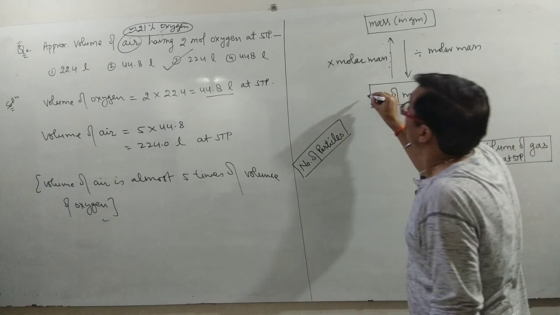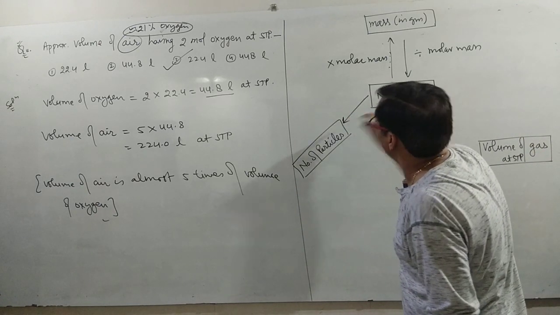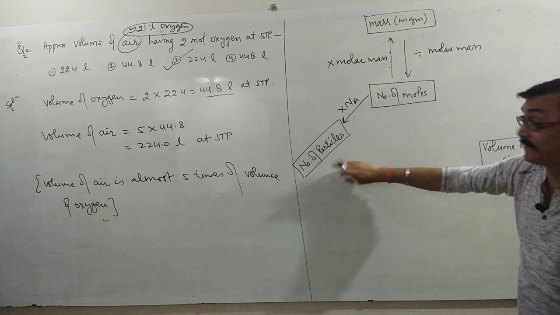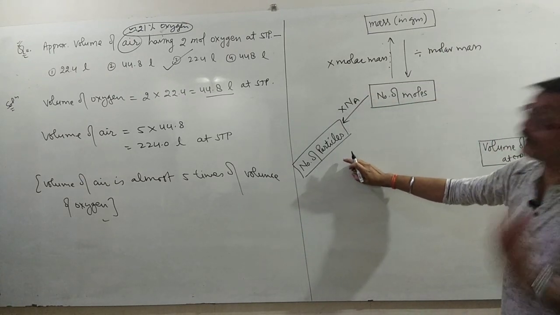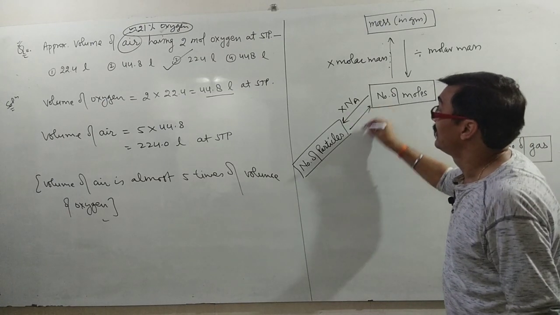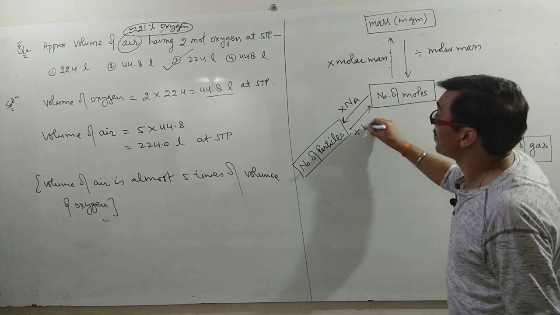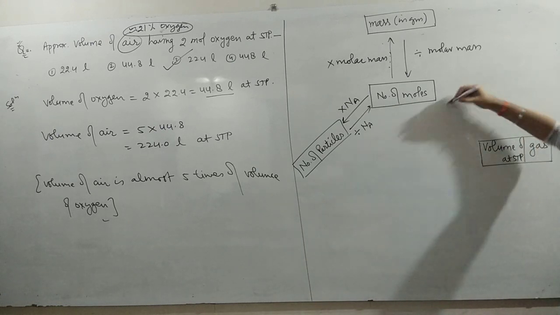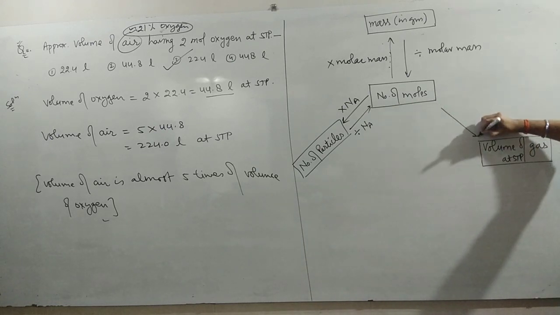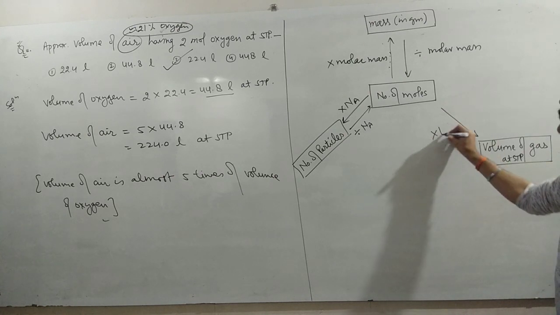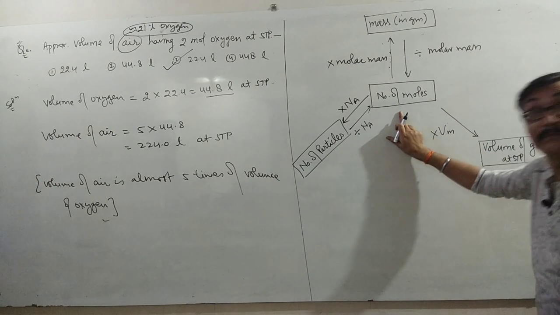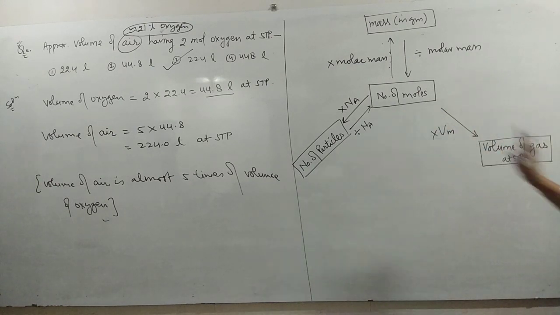If you multiply number of moles by Avogadro constant Na, then you will find number of particles, and vice versa. If you divide number of particles by Avogadro constant, then you will get number of moles. Similarly, if you multiply number of moles by molar volume, that is 22.4 liter at STP, then you will get volume of gas at STP.